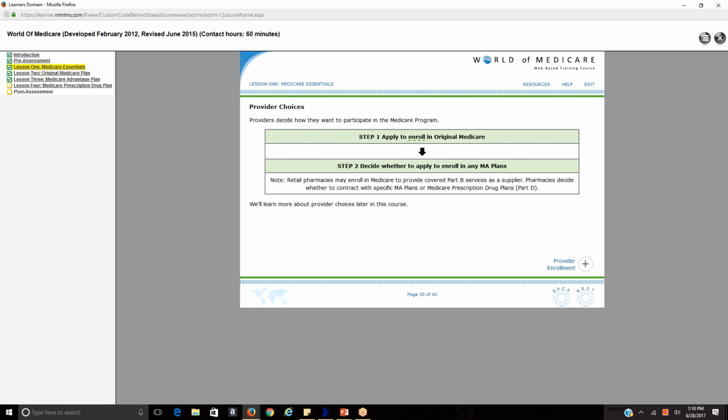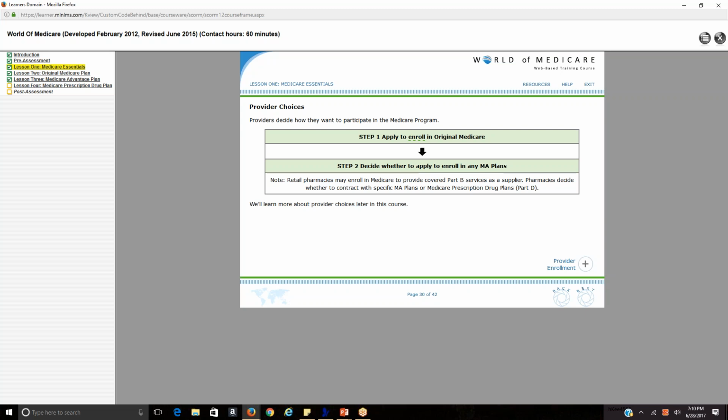So for a provider, they also need to decide how they want to participate in Medicare. Basically, most providers anyway have 3 choices. They can enroll as a participating provider in Original Medicare. They can enroll as a non-participating provider in Original Medicare, and I'll talk to you about the differences. And they can decide whether they want to apply to enroll in any of the Medicare Advantage plans.